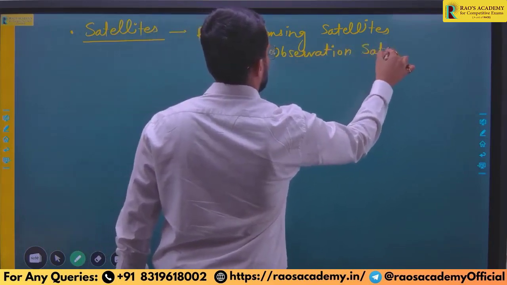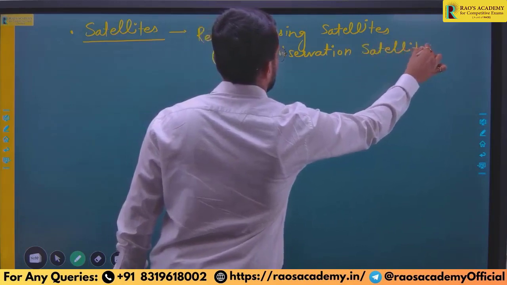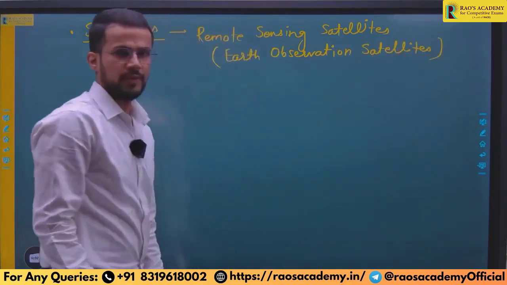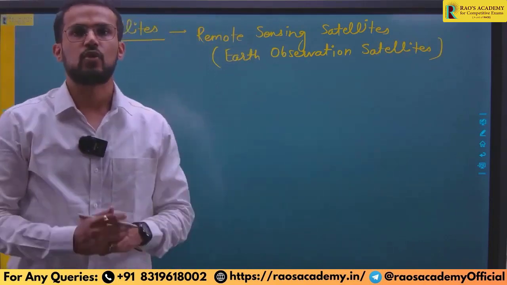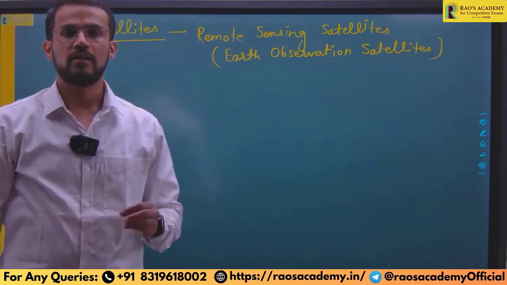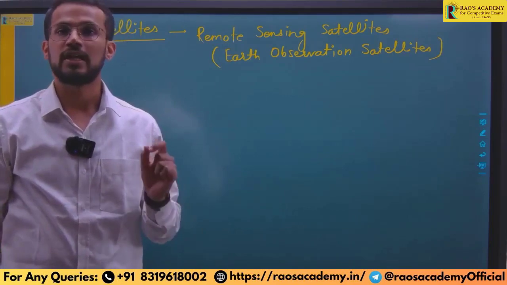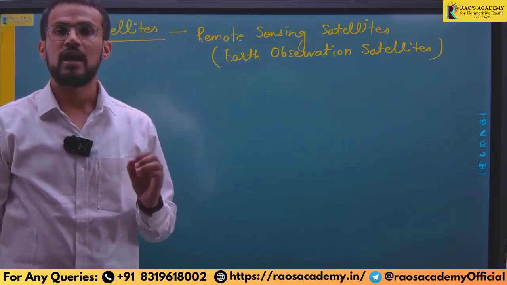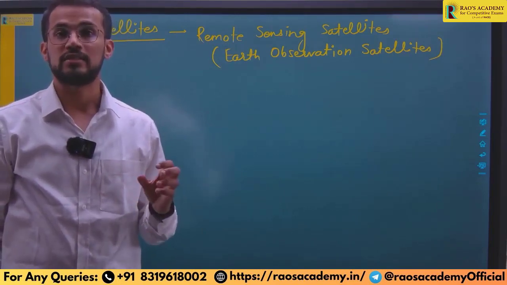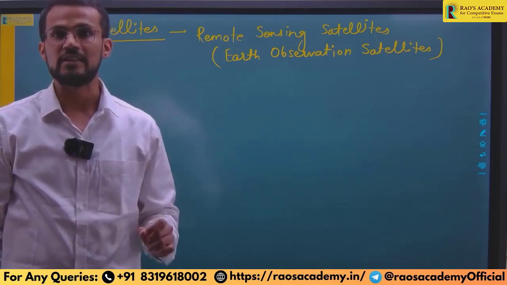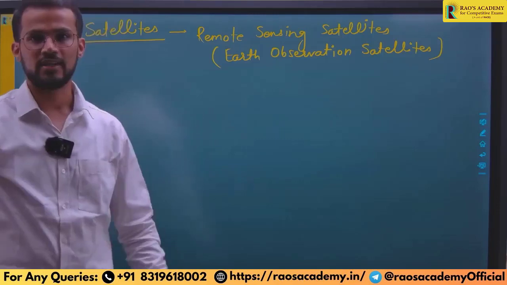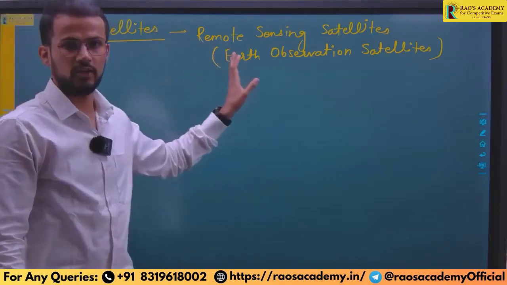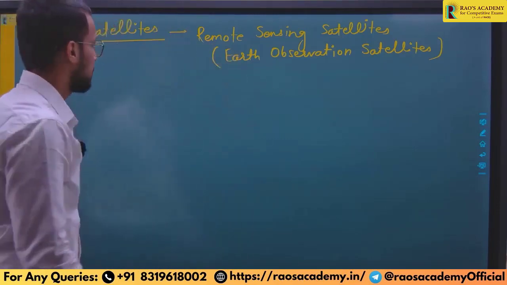These are primarily used to know more about the features on Earth's surface. And these satellites have been launched by India as well. For example, the IRS series, Cartosat series, RESAT series, and the latest EOS series are all satellites that can be put under the category of remote sensing satellites.